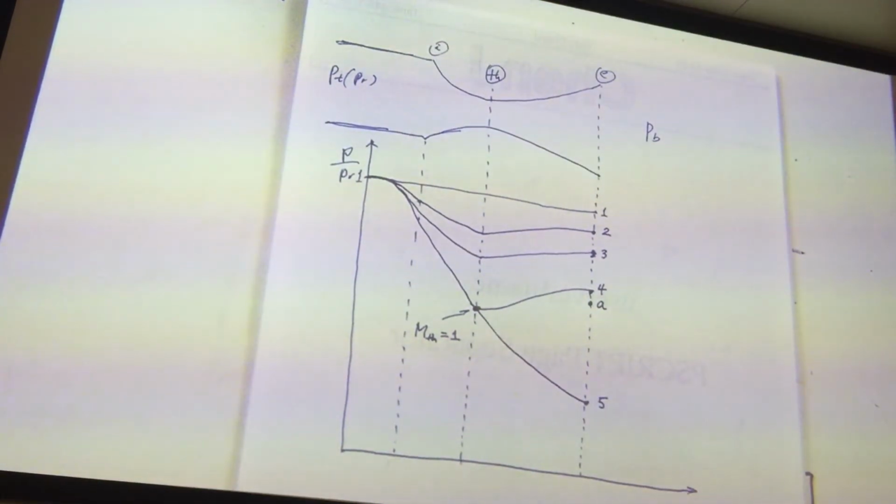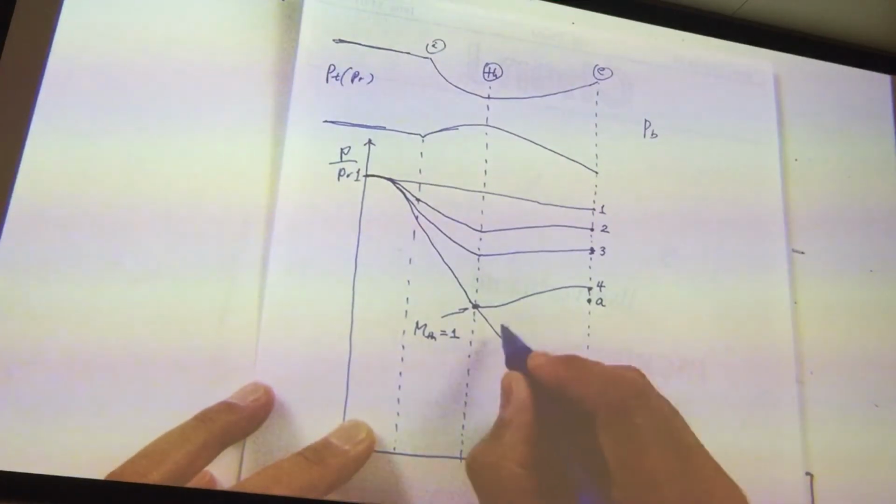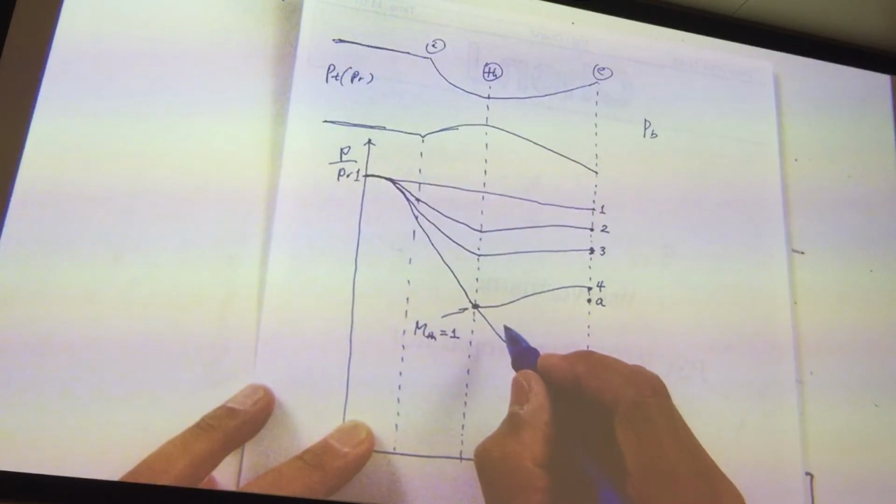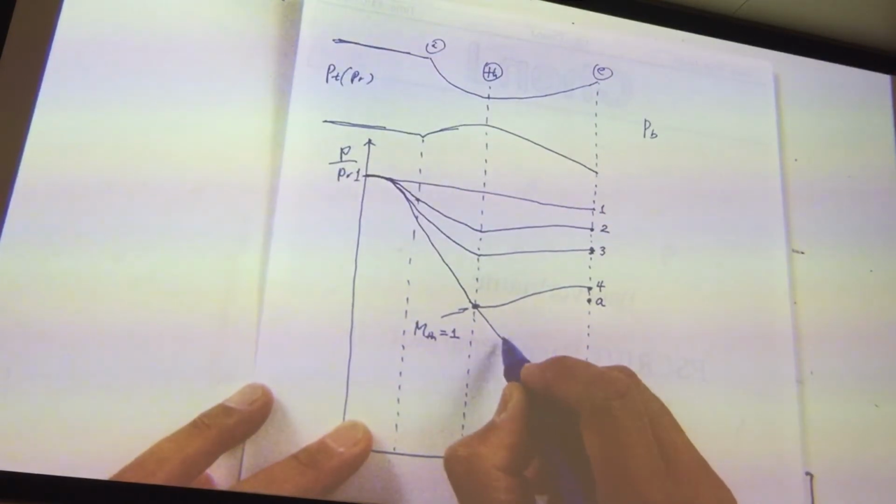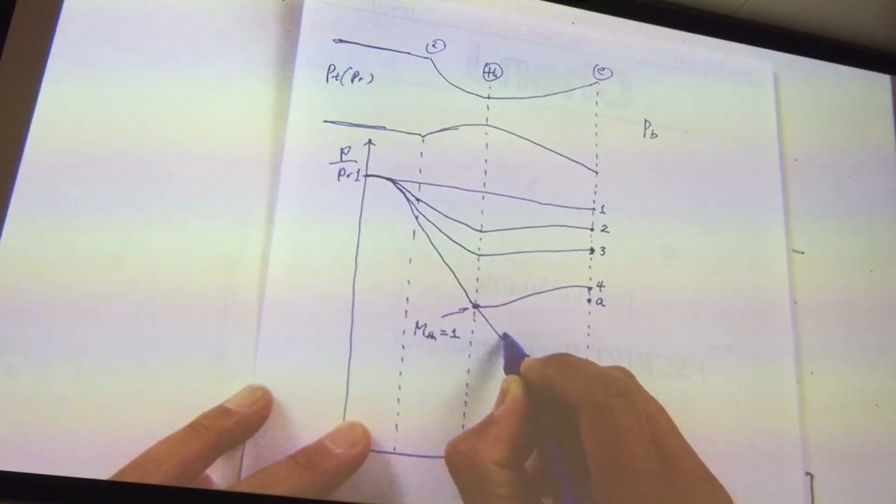What happened is that you will have part of the flow being supersonic. So you will have a supersonic flow, and then all of a sudden you would encounter a shock wave.